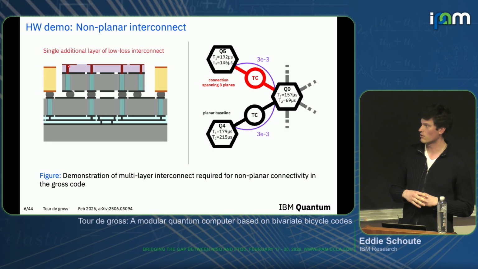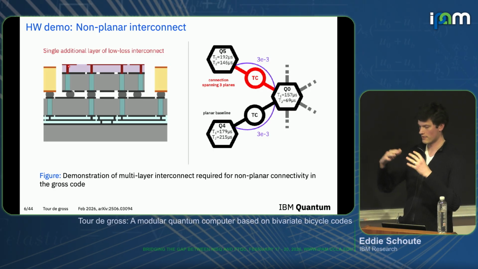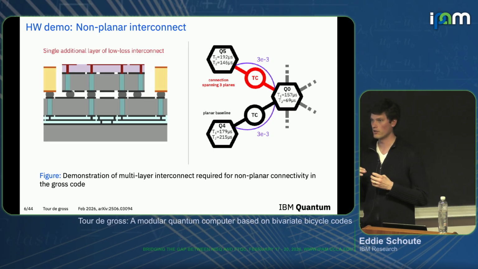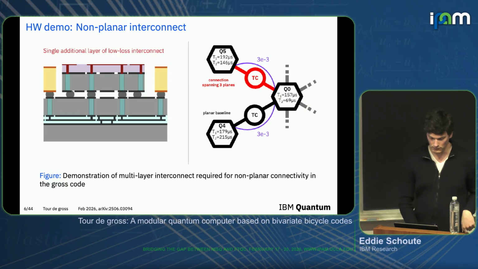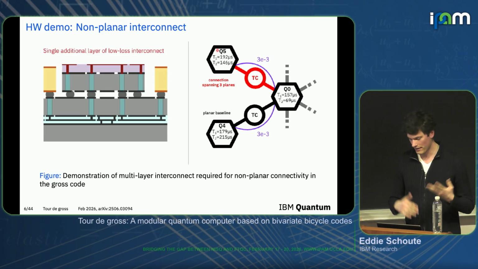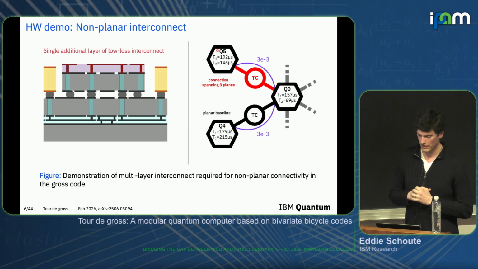That allows us to connect qubits that are not in the same plane. And even there, our testing shows that the gate fidelity is comparable to an interaction that was just in the same plane of the device. So this red highlighted thing is a gate being performed between qubits that goes up through the higher level and then back down and connects to qubits.